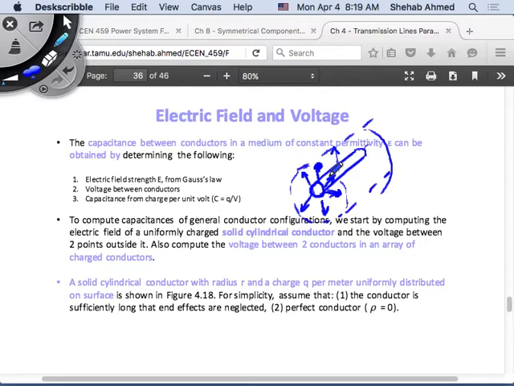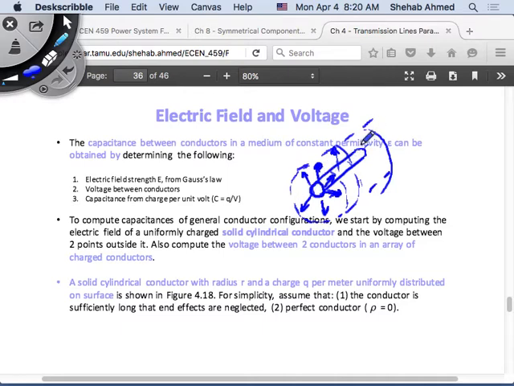The closed loop integral is on the next slide. Gauss's law says the closed loop integral of the electric flux density is equal to the charge enclosed. This is the surface at which I will calculate the electric field. The electric field at any point around this surface is the same because I have charge evenly distributed.